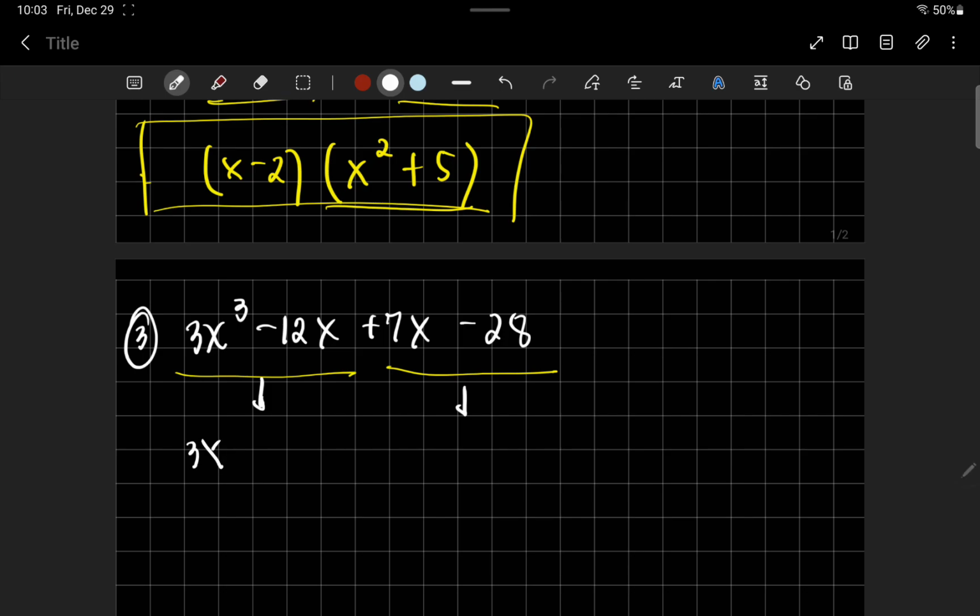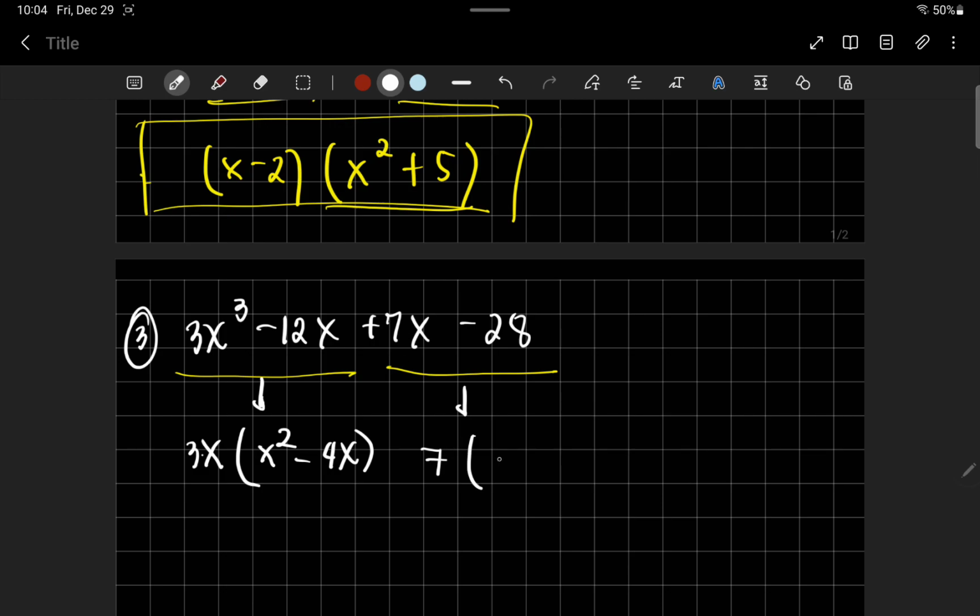So, that is 3x squared. And divide lang natin yung bawat term kay 3x squared. So, 3x cubed divided by 3x squared is x, and negative 12x squared divided by 3x squared is negative 4, right? And si 7x minus 28, ano ba yung common factor nila? That is 7.